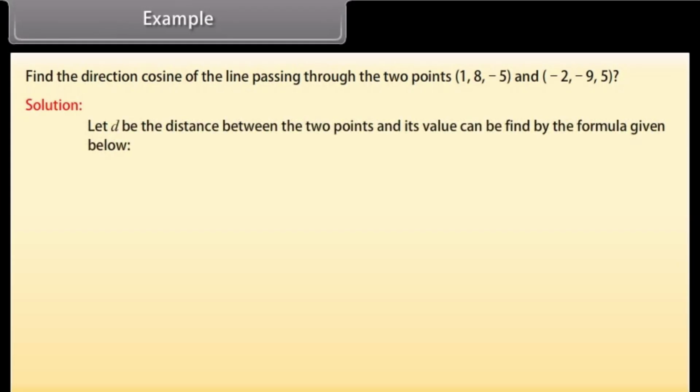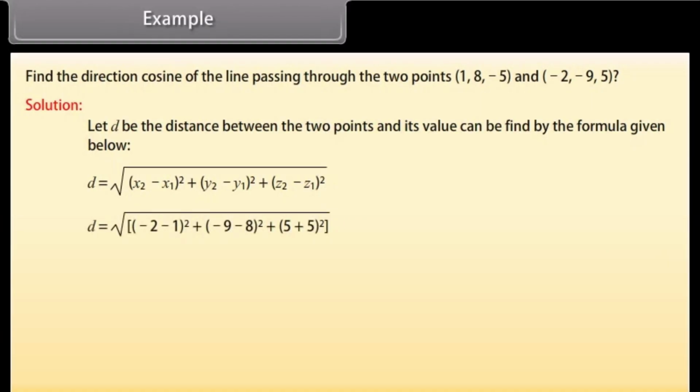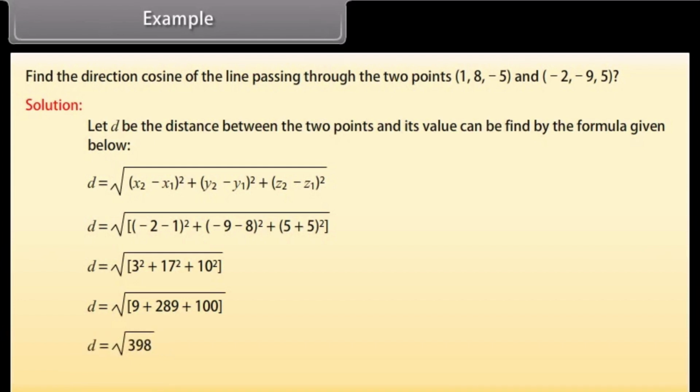Let d be the distance between the two points and its value can be found by the formula given below. d equals the square root of (x2 minus x1) square plus (y2 minus y1) square plus (z2 minus z1) square. d equals square root of (minus 2 minus 1) square plus (minus 9 minus 8) square plus 5 square. d equals square root of 3 square plus 17 square plus 10 square. d equals square root of 9 plus 289 plus 100. d equals square root of 398. d equals 19.94.